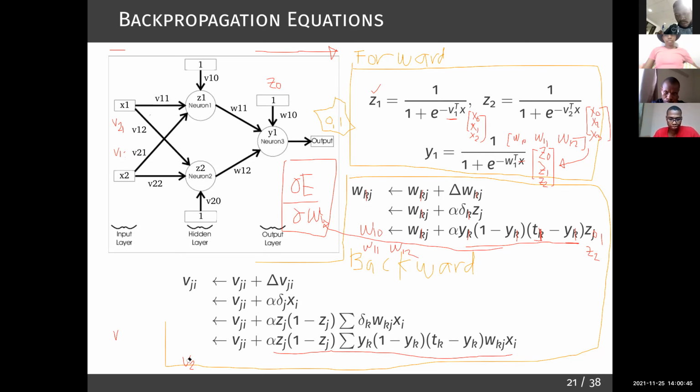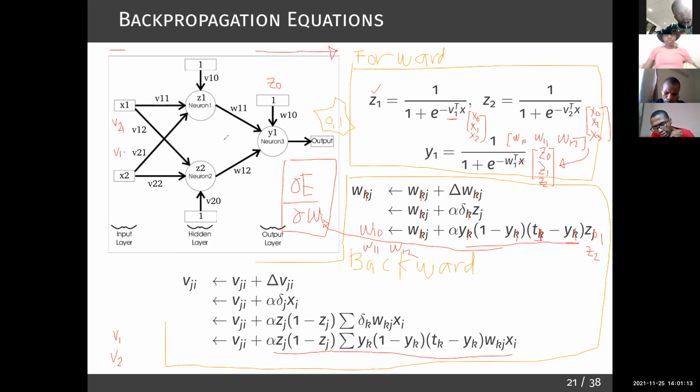For example, if you are doing V, maybe let me delete this one here. Remember, we are going to update also V1 and V2. Here we have already updated all the W's, and then we also need to update here. That's because it's back propagation. Once we update the W's, because from the output layer we correct the output against the target, we correct the W's.